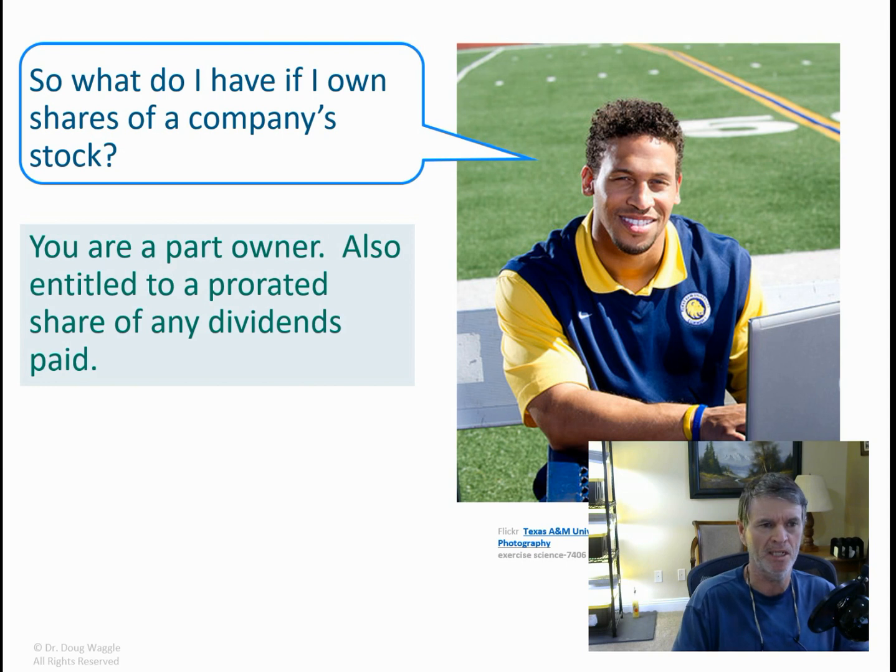I forget the exact percentage, but half or 60% or so of companies pay dividends to their shareholders. This just means they pay you a cash payout, typically quarterly, but more on those later. So if you buy Walmart stock, you can walk into any Walmart in the country and say, hey, I own this place. Well, you and millions of other people own a part of Walmart.